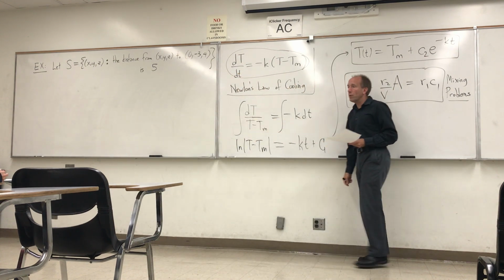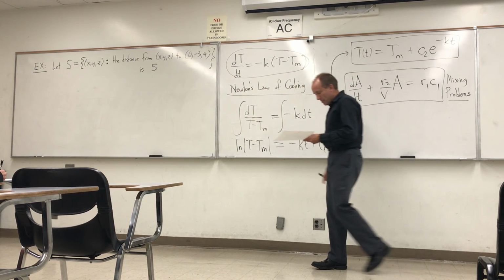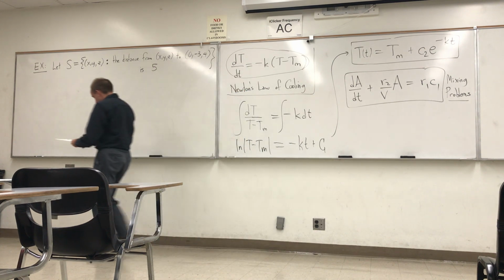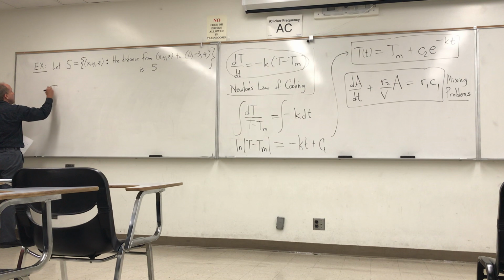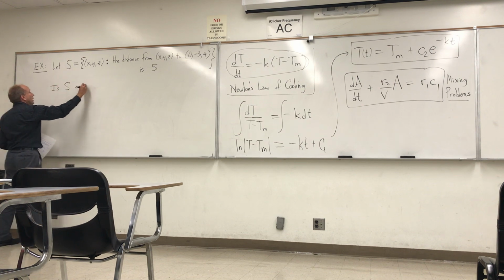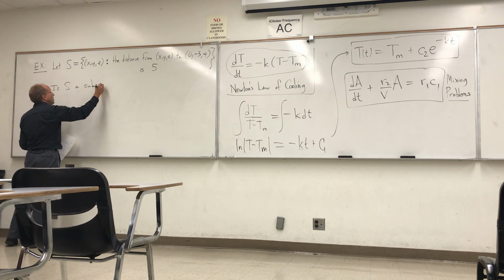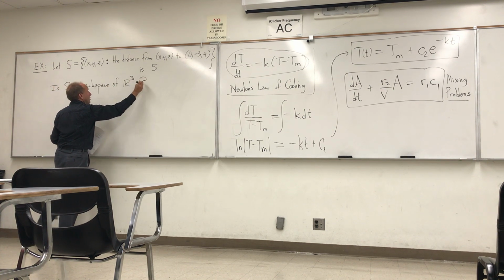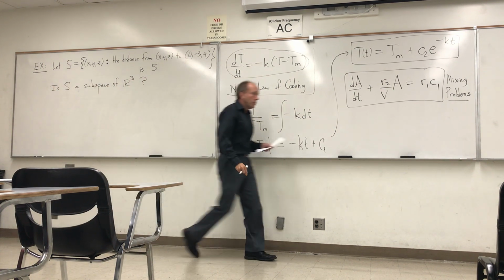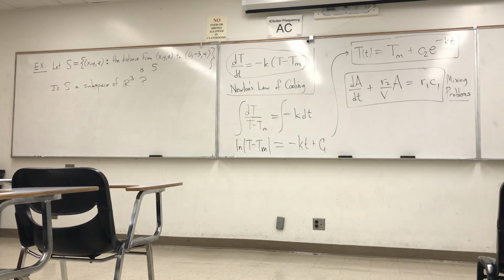So I actually am expressing it in words here. Pretty much what it is. And then my question here is going to be, is S a subspace of R3? So we're very quickly jumping into the middle part of the semester where we're talking about subspaces.